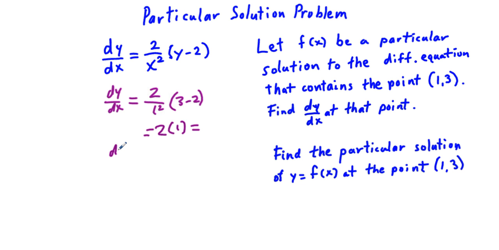So dy/dx is equal to 2. And then there's going to be what we call a slope field thing where you're asked to find the slope at different points. So you have a grid here with 9 points, one of which is going to be this 1 comma 3.